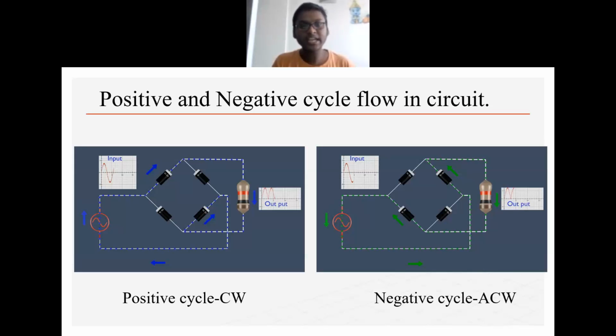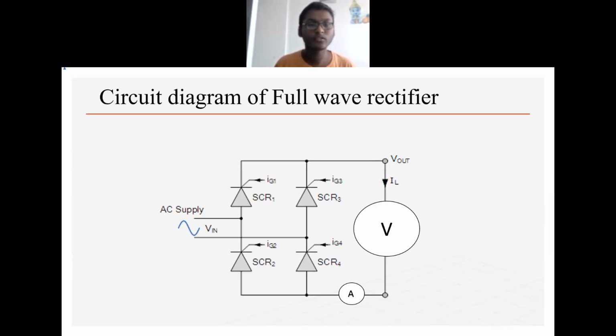By using the negative cycle, the remaining part of the AC current is rectified in the anti-clockwise direction. This is the circuit diagram you can see here. After rectification of both the positive and negative cycles, we use a voltmeter and ammeter to measure the voltage and current in the generated DC signal.